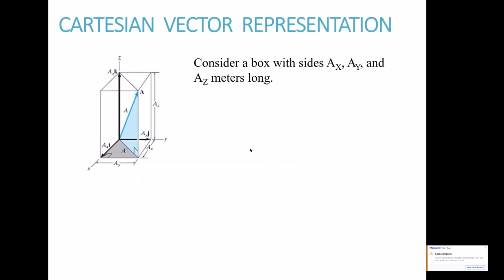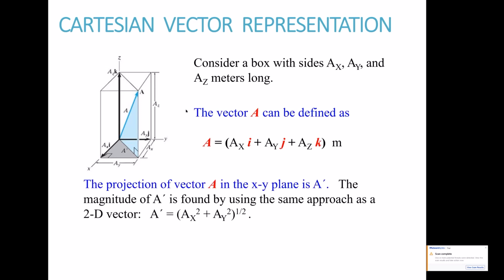All right, so let's say we have a vector A. What we can do is break up that vector into its individual components in each of the directions, with magnitudes associated with them. This one identifies how far along the x-axis, this one is how far along the y-axis, and this gives you the magnitude along the z-axis.